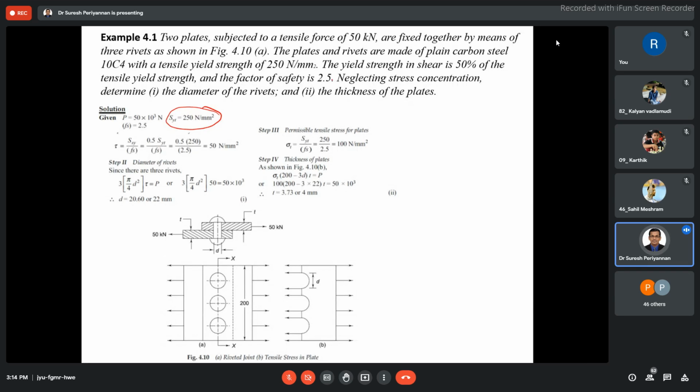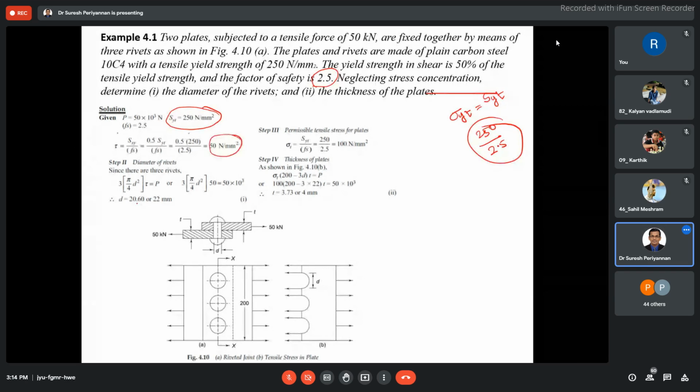When the factor of safety is given, you have to first divide the SYT by the factor of safety: 250 divided by 2.5. Only after that do you multiply by 0.5, and then you get the shear strength. The shear stress is 15 Newton per mm square.